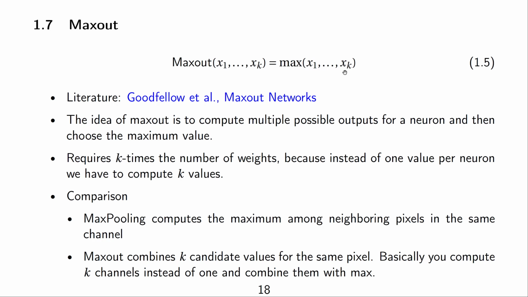Maybe the problem here is that too much information gets thrown away because you're computing k channels, so to say, but then you're only using the maximum. So maybe there's a lot of computation, and after that only one value is kept.